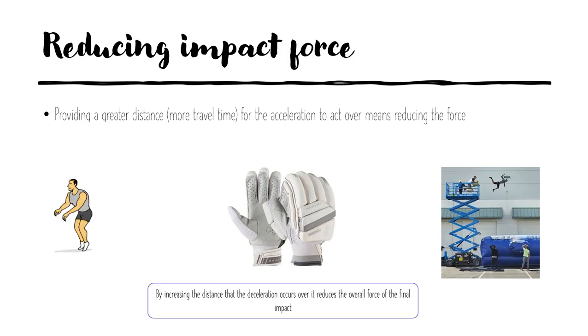And of course, the use of large airbags for stunt men in movies so that they gradually fall into the bag, slowing their rate of acceleration before the final impact. By increasing the distance the deceleration occurs over, it reduces the final force or the final impact. And that is it for Newton's second law.